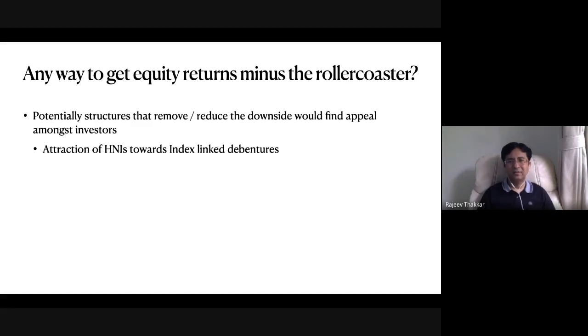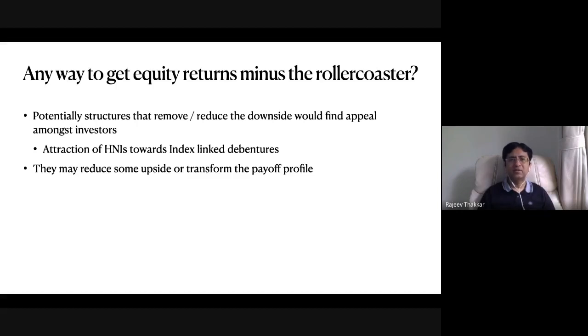So these kind of products would have a lot of appeal for investors, and one can structure these using some fixed income instruments, some hybrid between equity and debt, a little bit of index options and things like that. So most people would want a smoother ride, and that would attract a lot of investors who are currently not participating in equities to try out equity investing and benefit from the wealth creating potential.